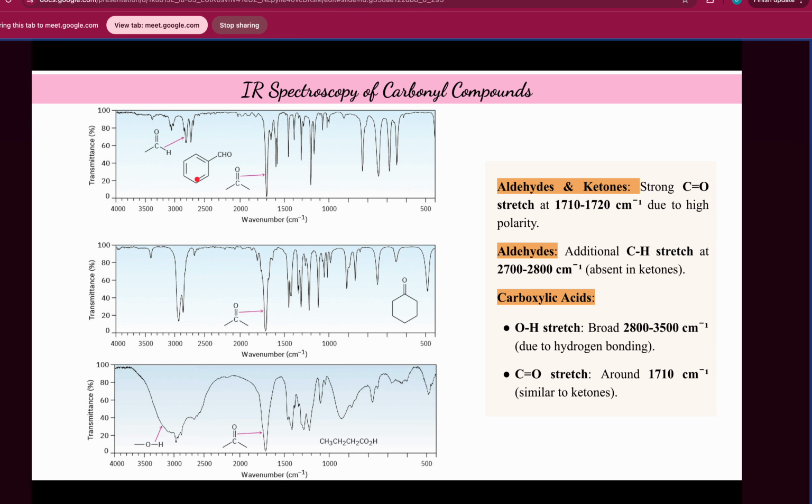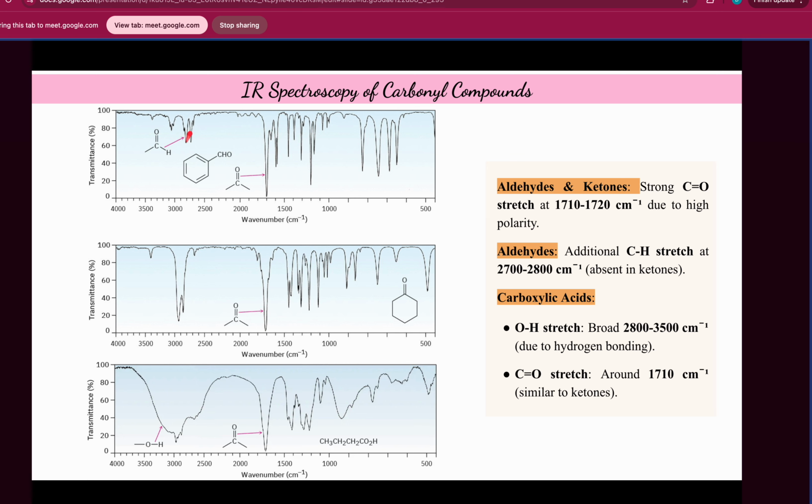In the case of aldehydes, you will see two different peaks. One is this strong CO peak. The CO stretch means there will be stretching of this C double bond O, which will give you a peak at the wave number 1710 to 1720 centimeter inverse, due to the high polarity of the C double bond O. In aldehydes, we also have an additional CH bond.